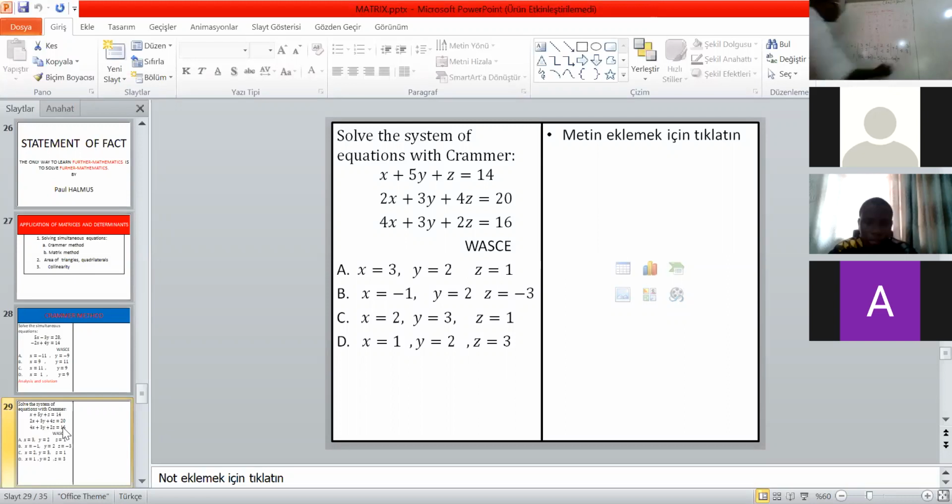Plus 1. 2 against 3. Minus 3 against 4. Now let's simplify this further. 3 times 3 is what? Good. 4 times 3 is what? Good. Minus 5. 2 times 2 is what?